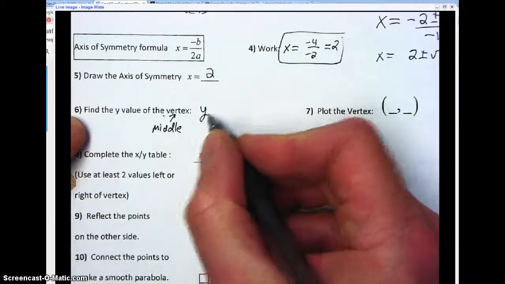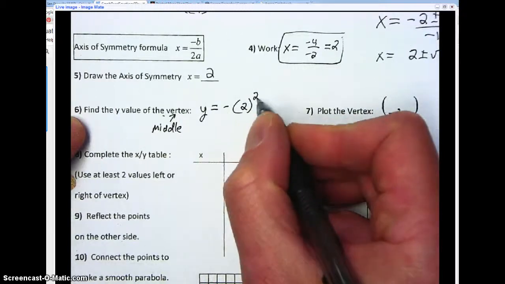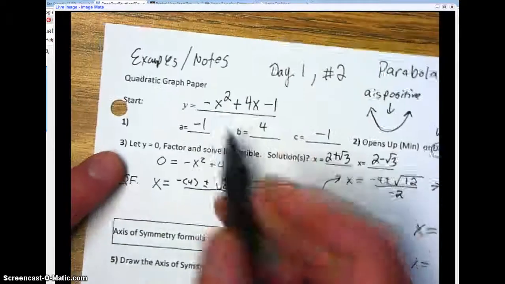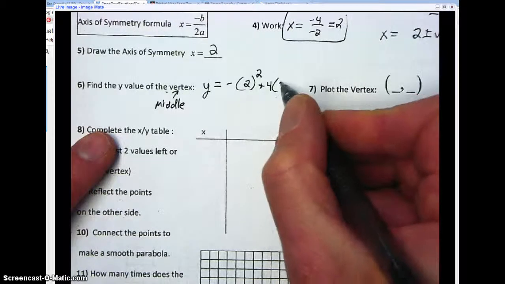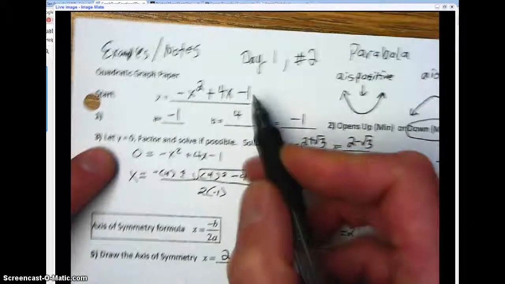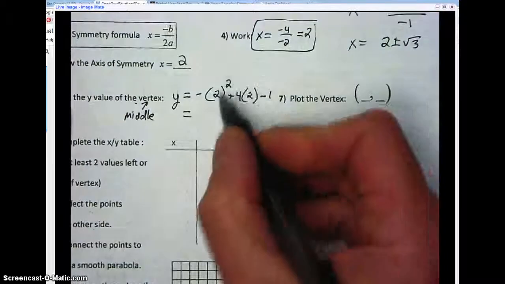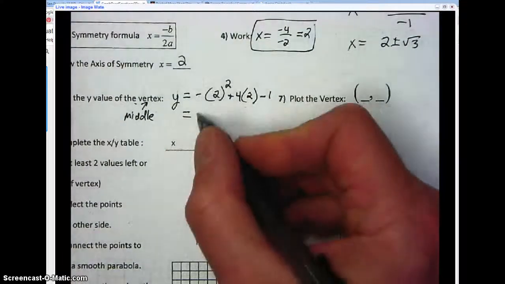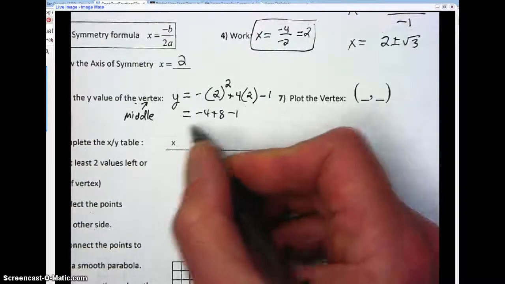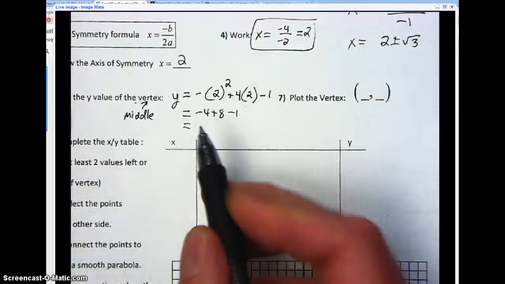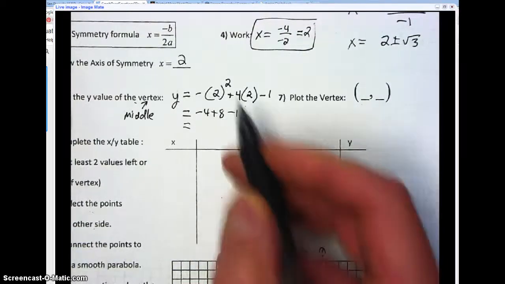So you write y equals negative, plug in the 2 squared, plus 4 times 2, and then subtract 1. Now simplify that. What does that equal? Let's see. This is 2 squared, which is 4. This makes it negative 4. Plus 8 minus 1. What does that equal? Negative 4 plus 8 is 4, right? Minus 1 is 3.